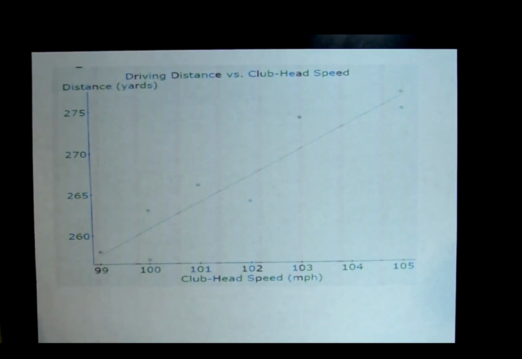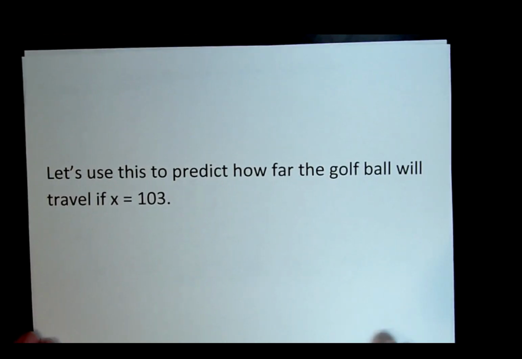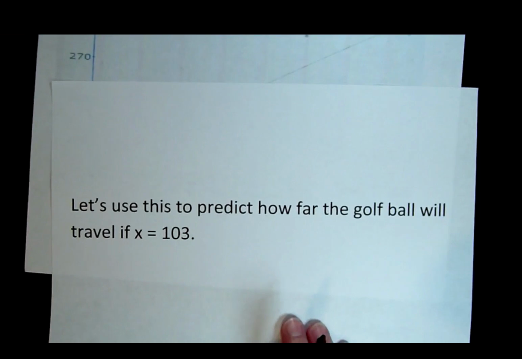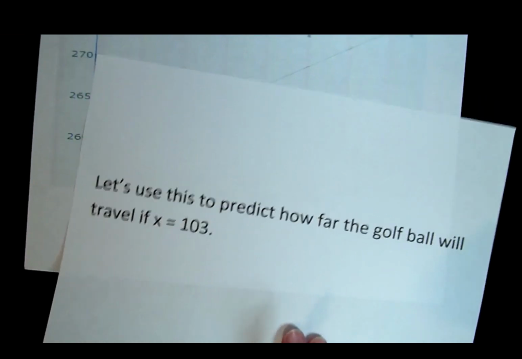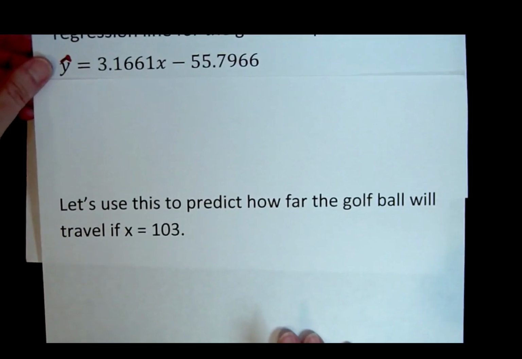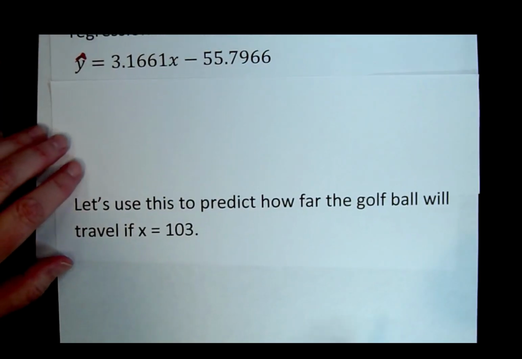Let's use this line, this model, to predict how far the golf ball will travel if x equals 103. So let's see, where's my equation? Okay, here's the equation. Okay, so I'm going to put 103 into this equation for x.